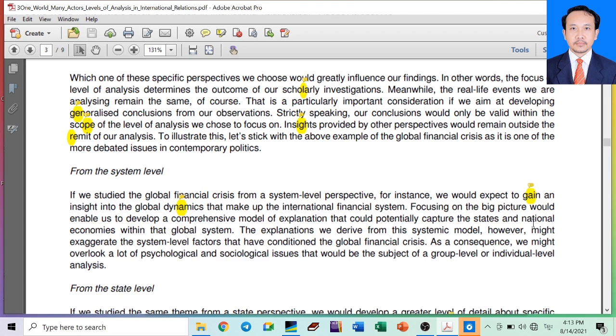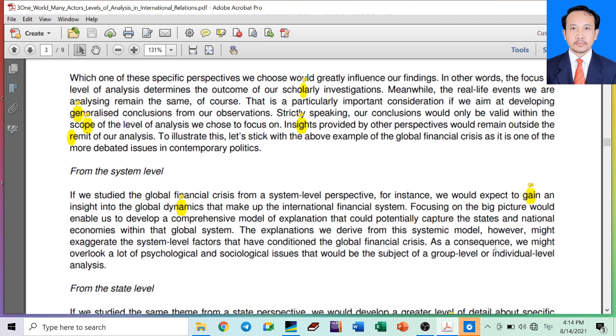Focusing on the big picture would enable us to develop a comprehensive model of explanation that could potentially capture the state and national economies within that global system. The explanation we derive from the systemic model, however, might exaggerate the system level factors that have conditioned the global financial crisis.